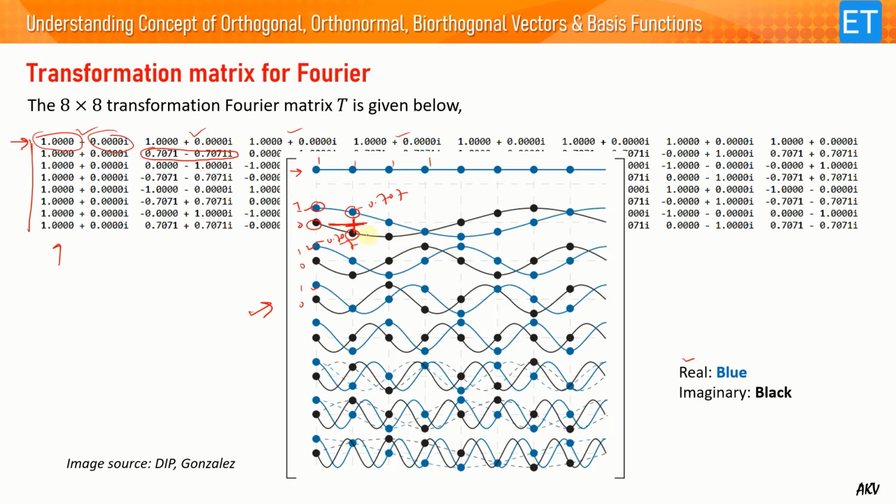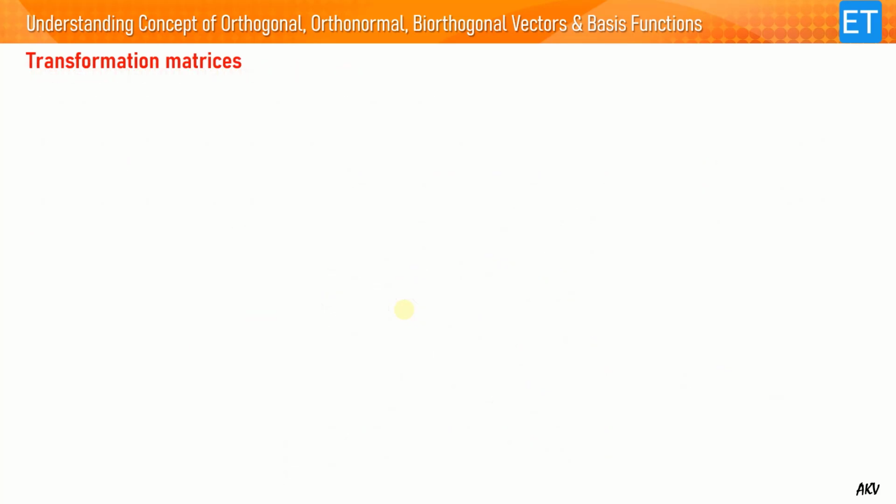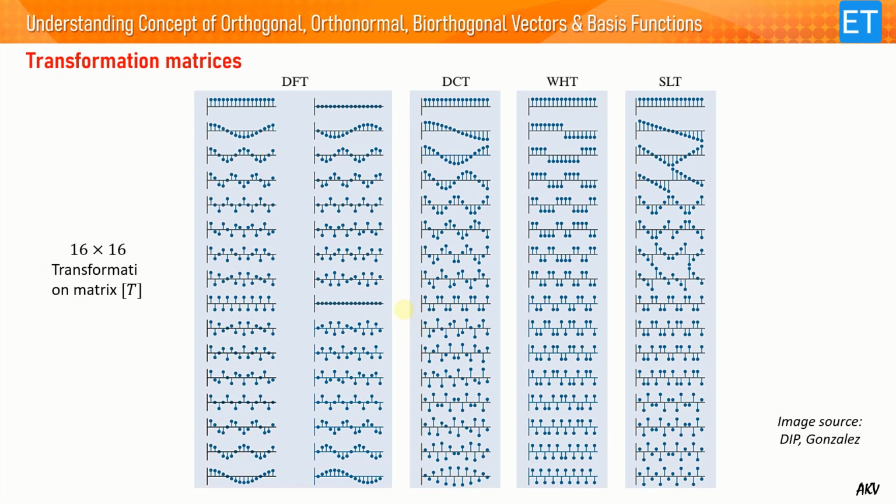Okay, so all real and imaginary values are shown for 8 by 8 transformation matrix. So this T matrix can be used to transform any one-dimensional signal having 8 sample values, or any two-dimensional signal having 8 by 8, I mean 64 values, maybe an image segment.